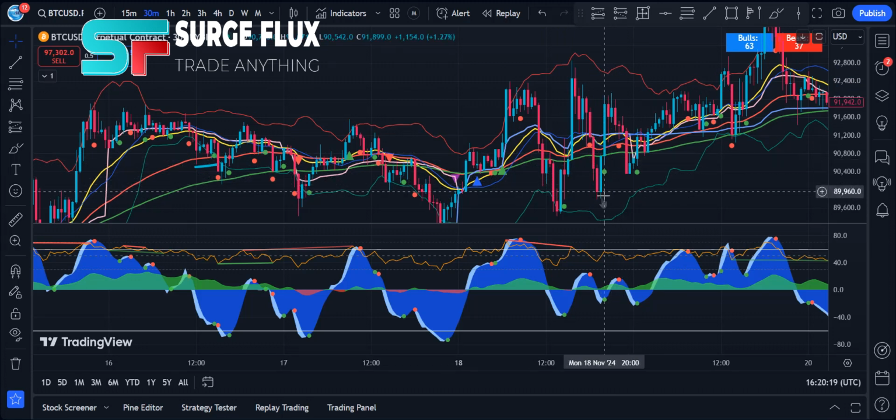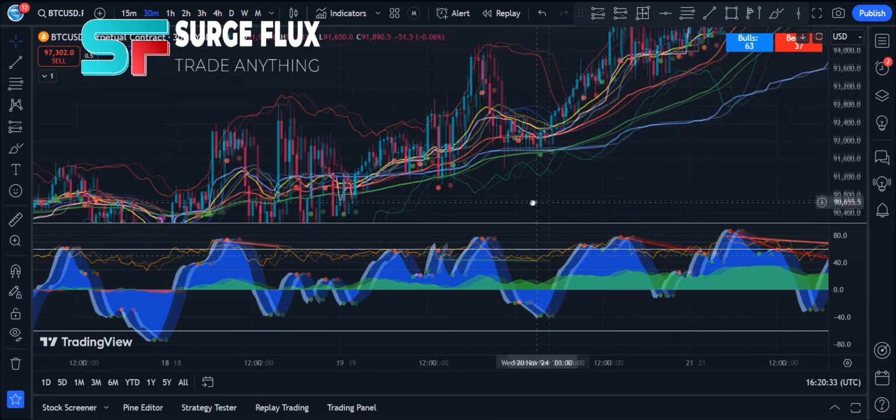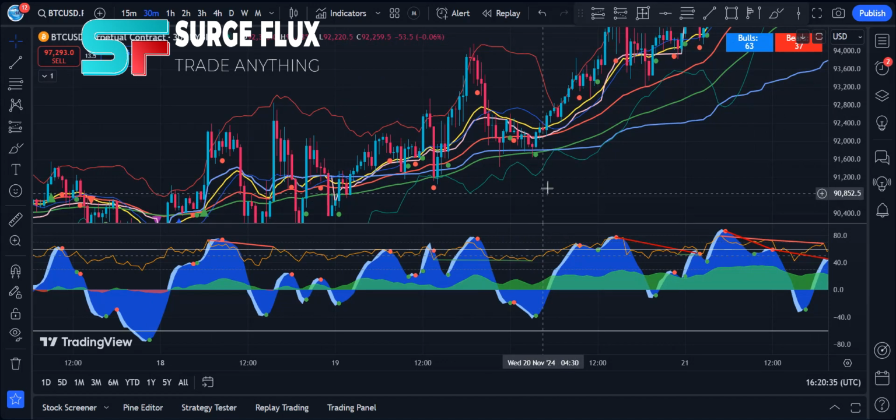Then we have these two signals we disregard because they print too high and they are not near the lower Bollinger Band. So we look further. This one would be risky because it's not near the lower Bollinger Band.